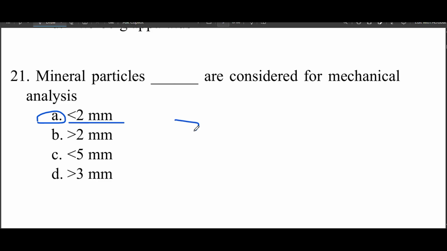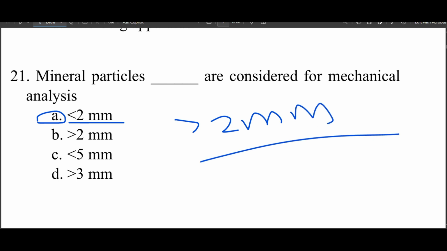Greater than 2 millimeter, they are very big in size. They are not considered as soil. So we will not consider greater than 2 millimeter particles for the mechanical analysis.